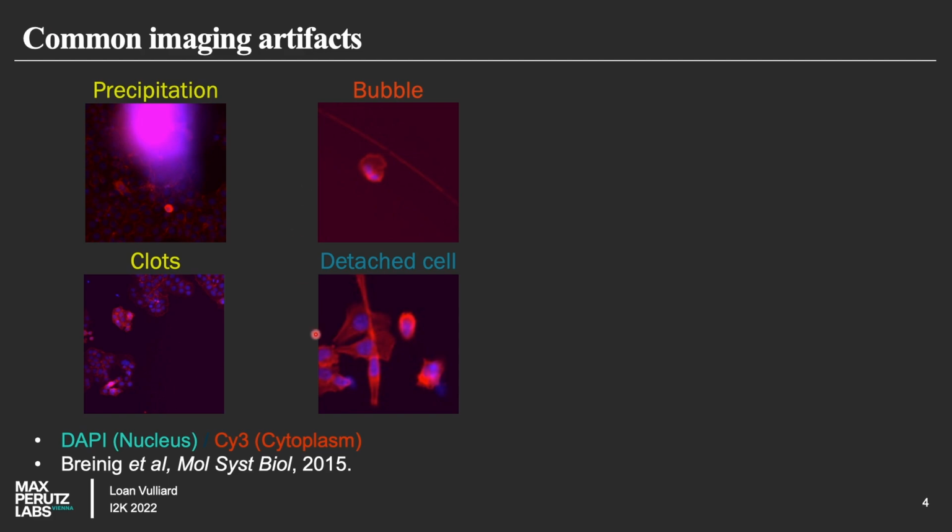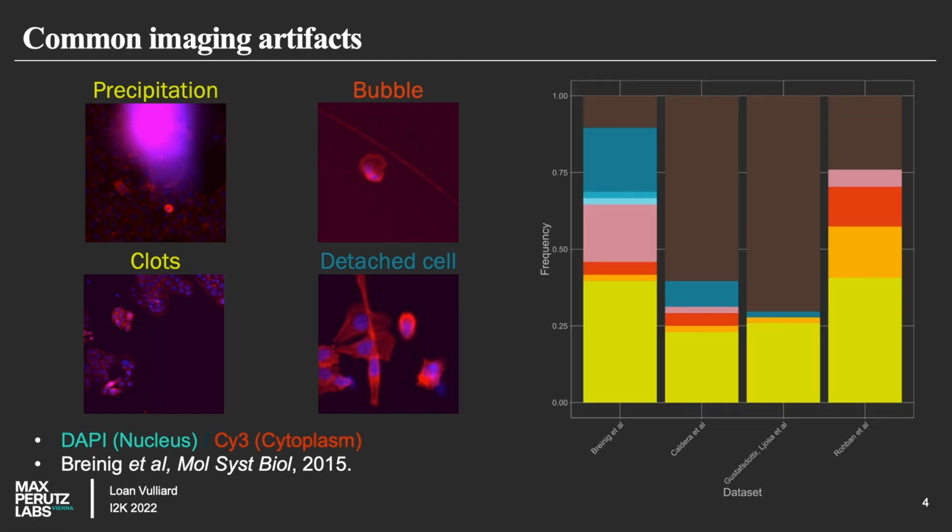So to make it more quantitative, I went over example images from a few good screens and checked by eye how often such artifacts were observed. That's what I'm showing you here. So each column is one study, and the colors correspond to different types of artifacts. And the part left in brown corresponds to artifact-free images.